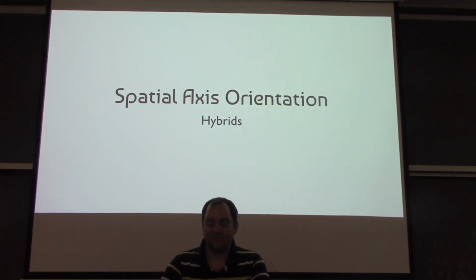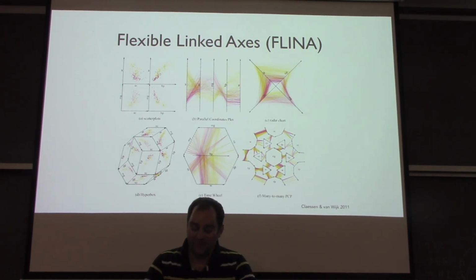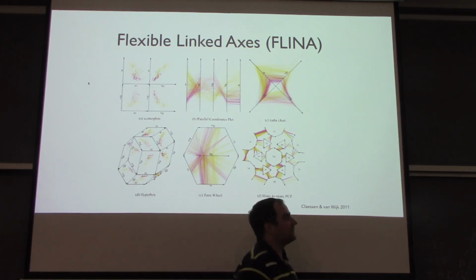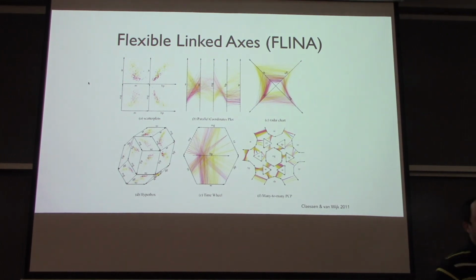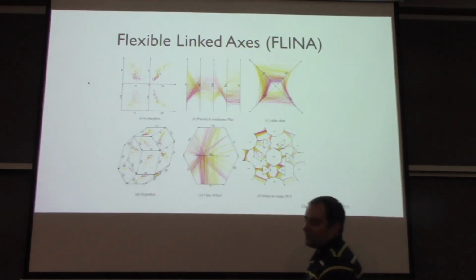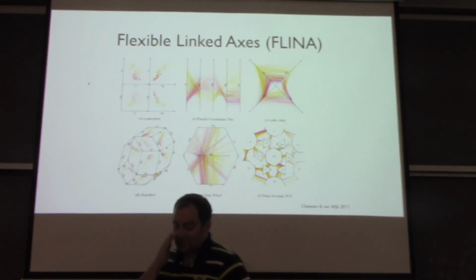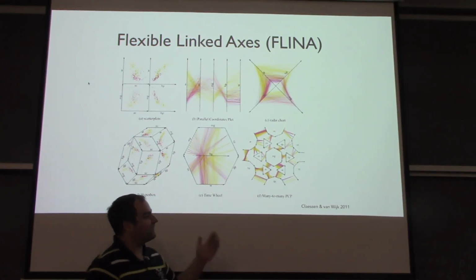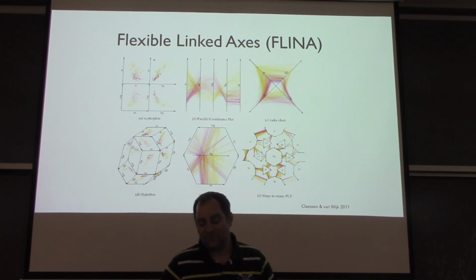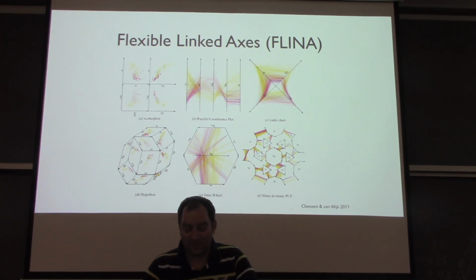And then there's a large class of hybrid visualizations. This here is a cool paper by Jarke van Wijk's group. The idea here is to simply let users place axes dynamically on a canvas, and then either connect those axes with lines and create something like a parallel coordinates plot, or scatter points between them and create something like a scatter plot.